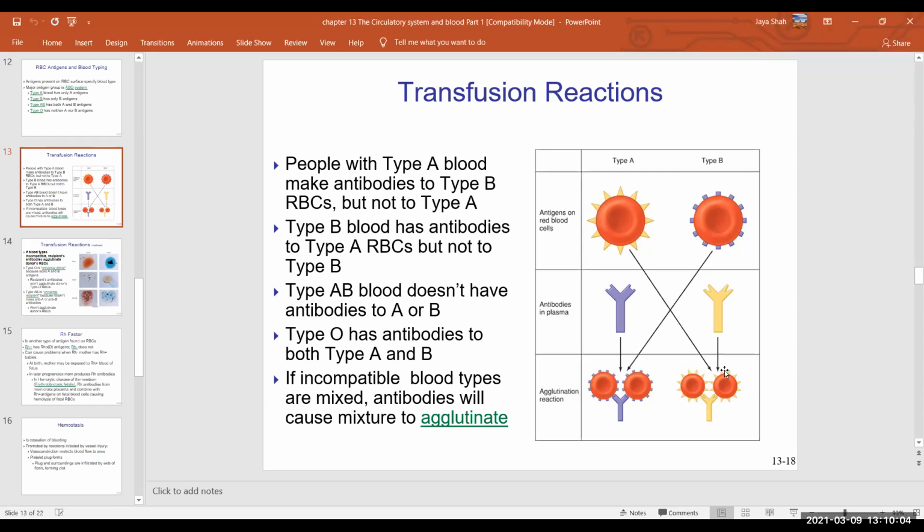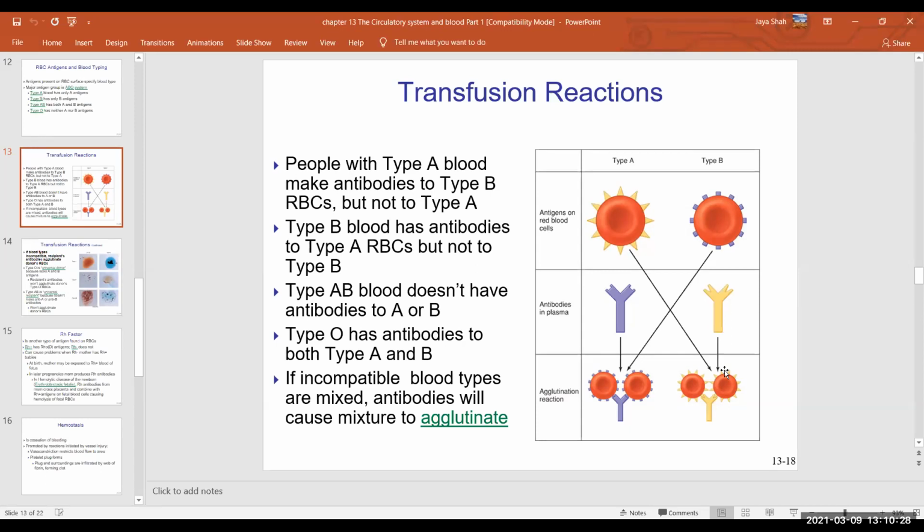If I have A and B antigens on my red blood cell, what kind of antibodies can I have in my plasma? You can't. I cannot have any. If I have anti-A, that will kill my A. If I have anti-B, then that will kill my B. So I cannot have any antibodies in my plasma.